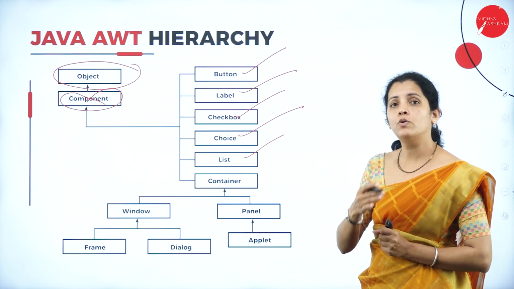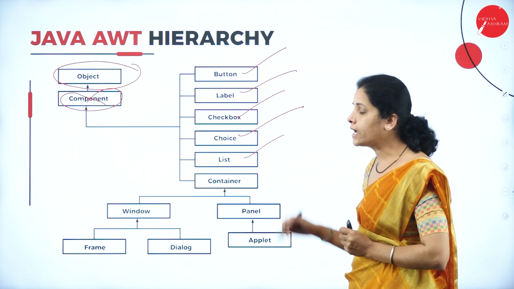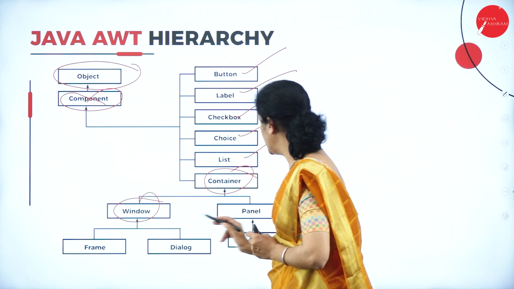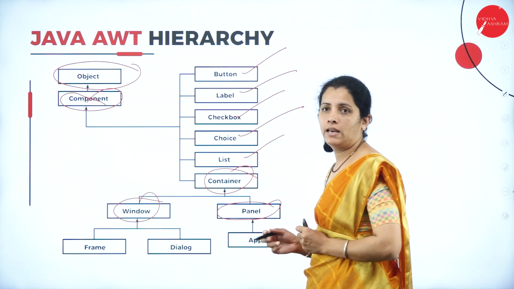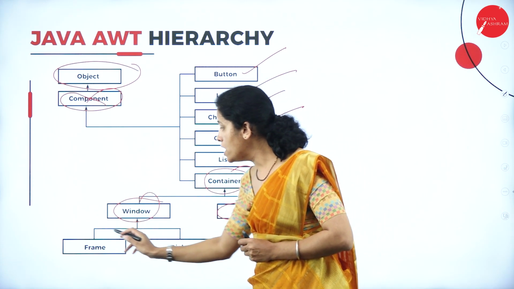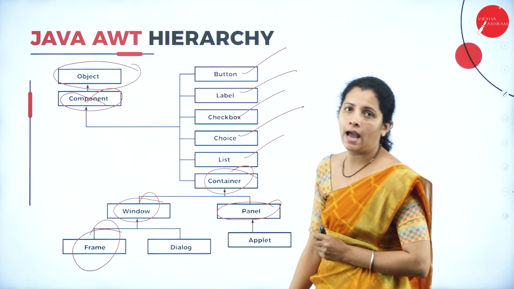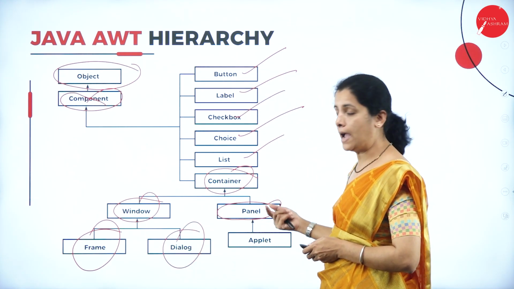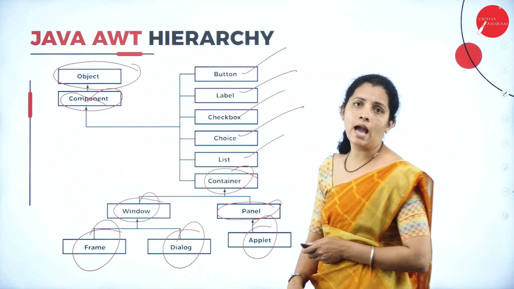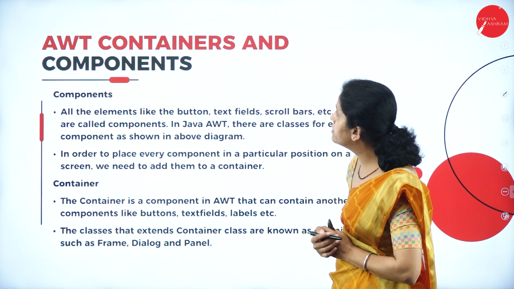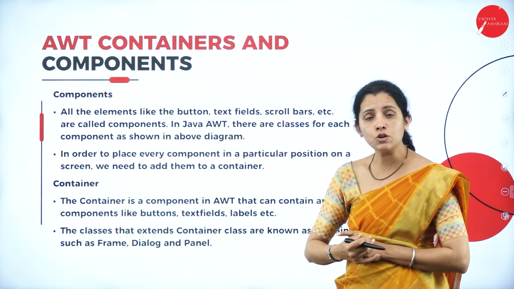Along with that, I have the container. What kind of containers can I have? That is window and panel. If I consider window, I have the frame and I have the dialog. And if I consider panel, I have the applet.